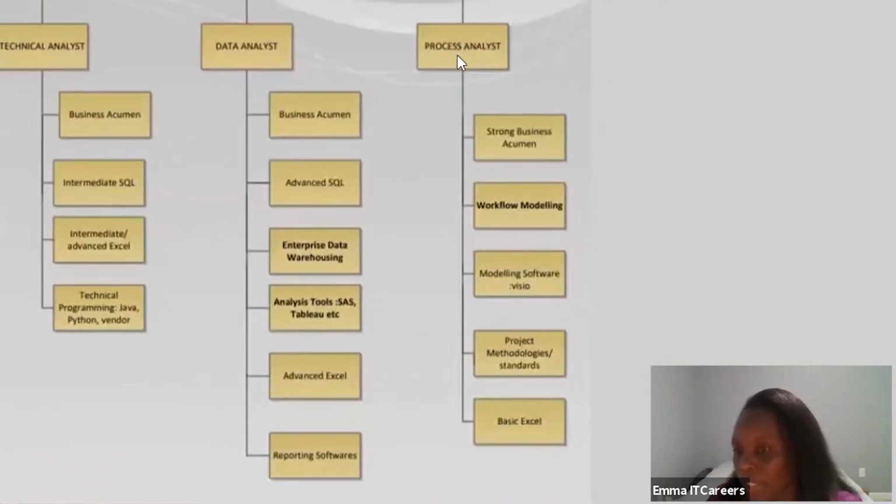A process analyst is somebody that has extra knowledge in visualizing the business process, meaning they understand how healthcare operates, how data flows, and how information flows from one person to another, and they can put that in a visualization tool, which we call Visio. A lot of your skills are going to be combined to fit in these areas.